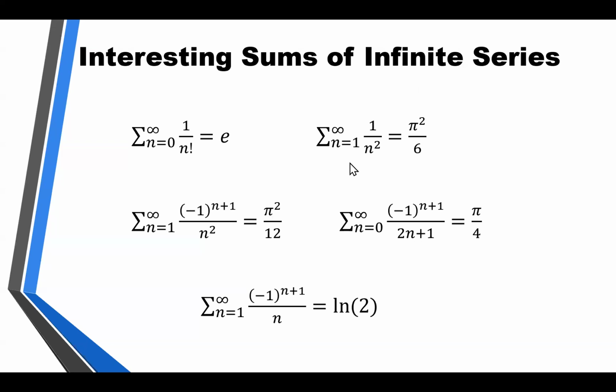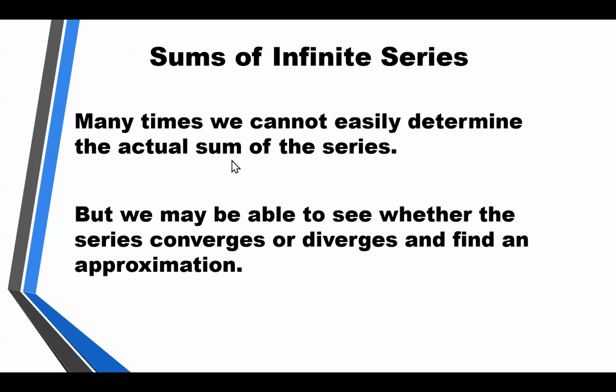So what I'm saying is, in the next few sections, we will look at lots of infinite series and determine whether or not they converge or diverge. And with some of them, we can find an approximation. Not all of them, but the big things in the next few sections will be, when does an infinite series converge or when does it diverge?